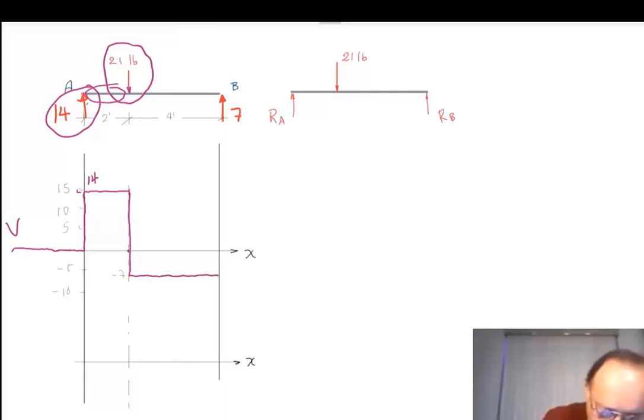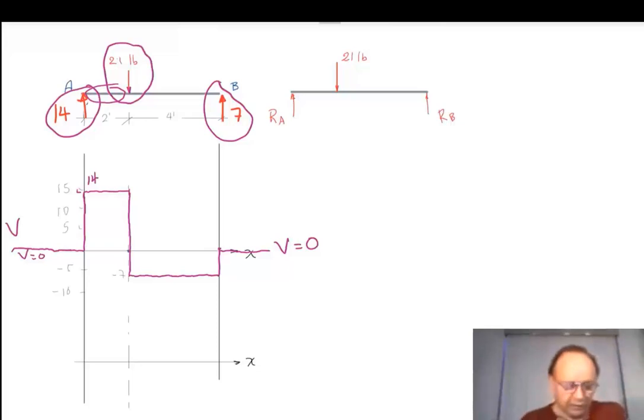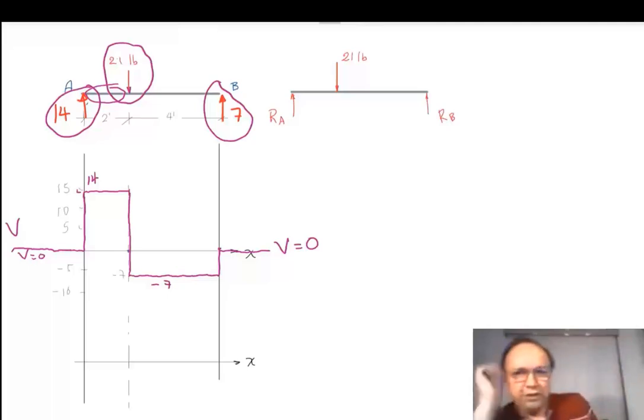Boom, another load is telling you go up 7. So you go up 7, and then you keep going. You have to make sure that you end up at V equals 0, because you have to start at 0 and finish at 0. So this is minus 7, and this is plus 14. That's how you do the shear diagram.